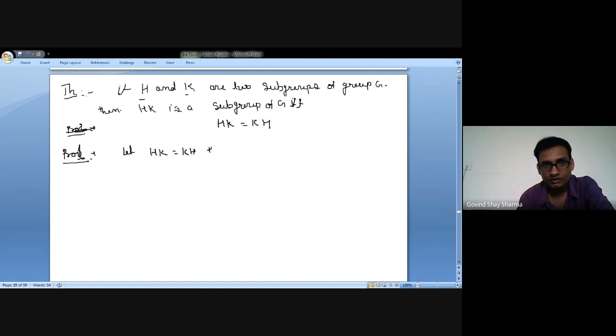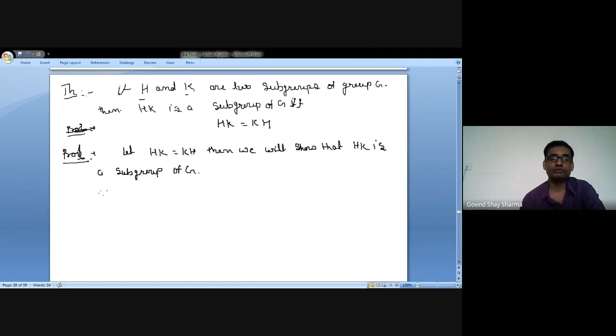Then we will show that HK is a subgroup of G. First we assume that HK is equal to KH.